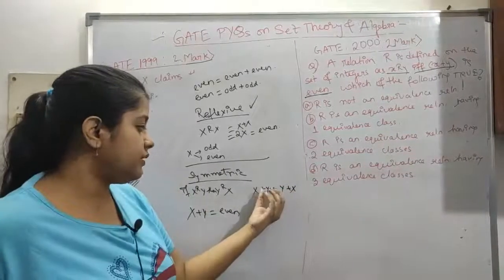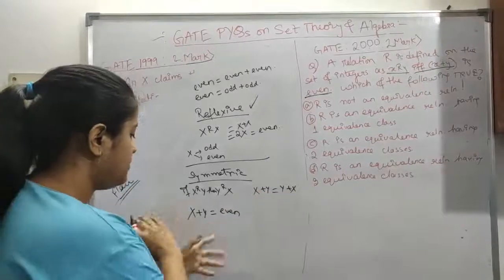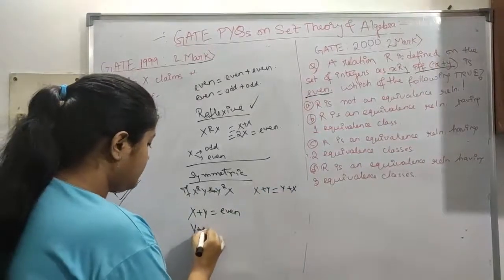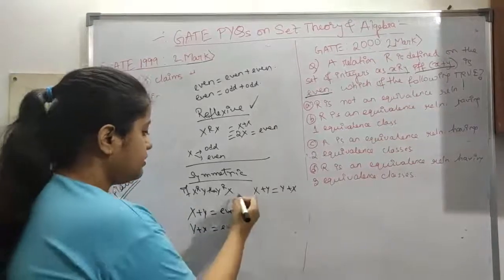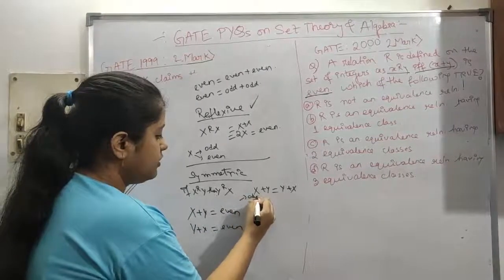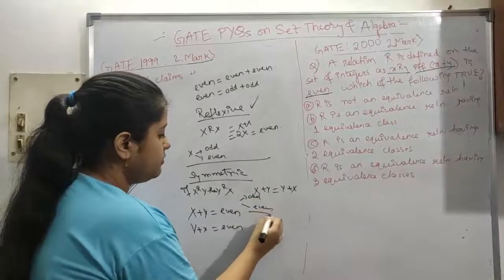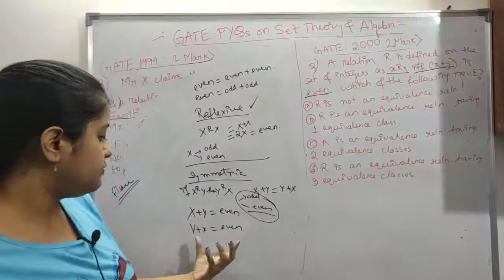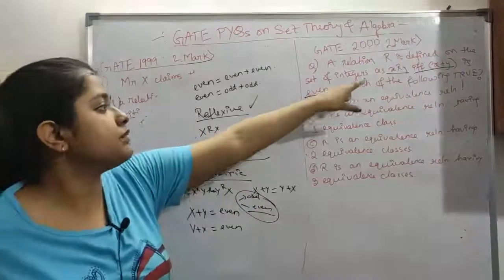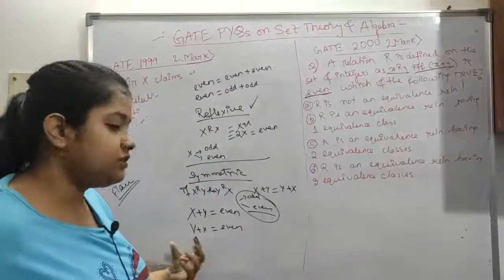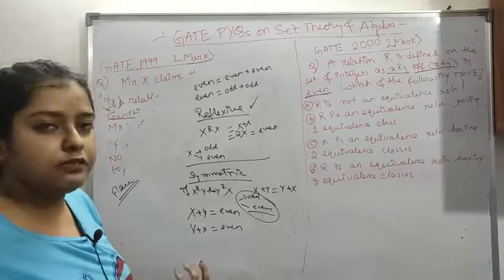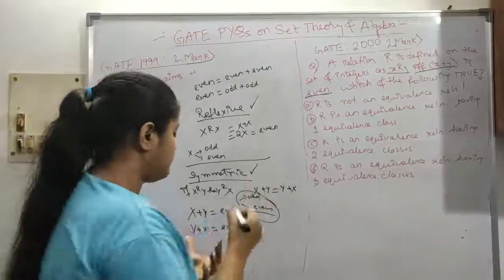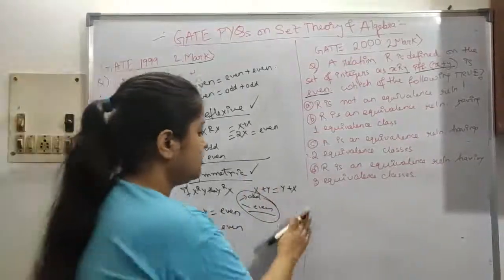We just change this, y plus x will always be even, for both cases, odd and even. It is given that x plus y has to be even, then if we just change the order, y plus x will always be even. So this is symmetric.